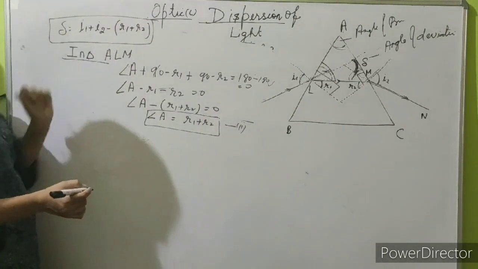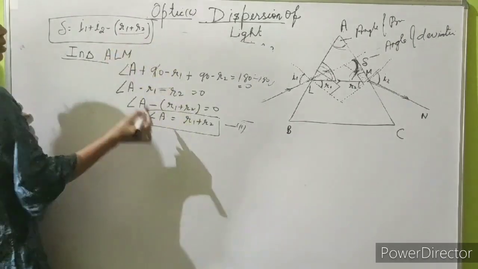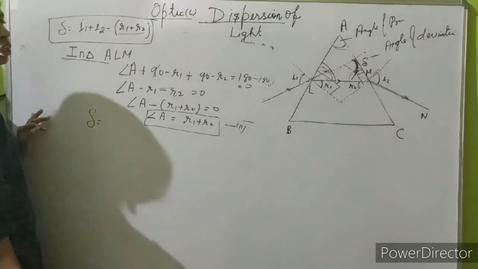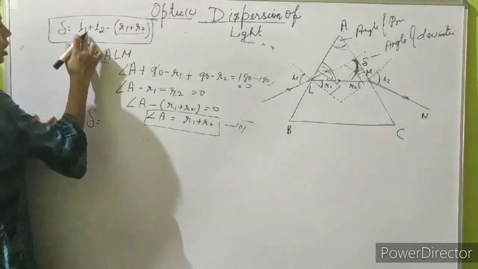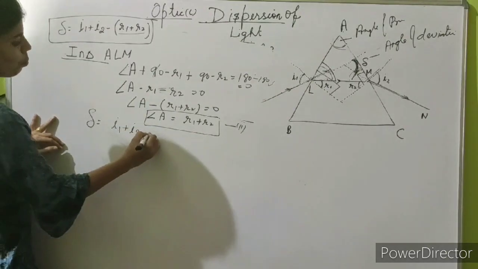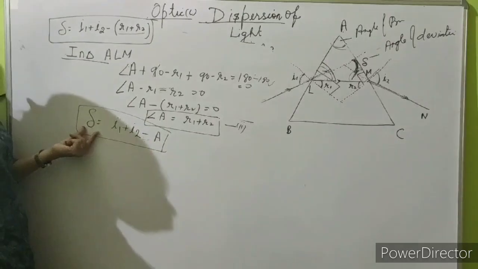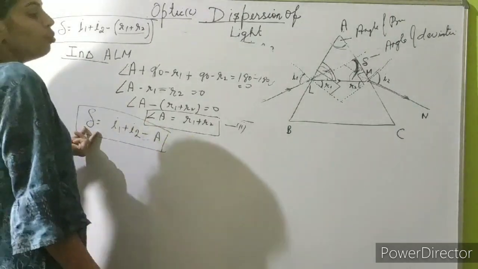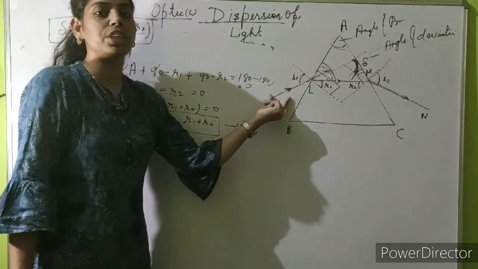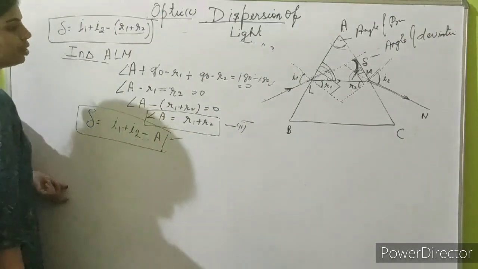Now I can change this formula. I can replace R1 plus R2 by A. So delta, that means the angle of deviation, comes out to be I1 plus I2 minus A. So this is the angle of deviation through which the incident ray has been deviated from its path.